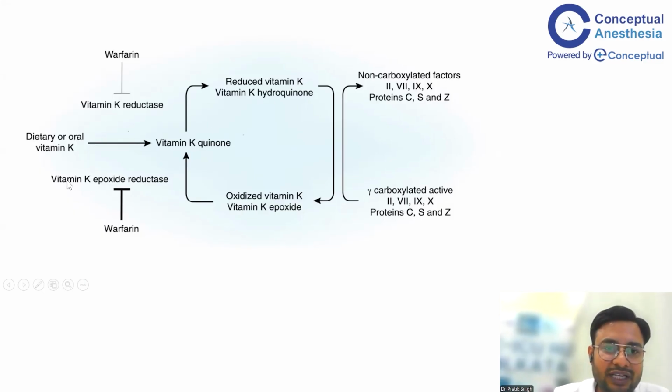So warfarin or the warfarin congeners inhibit this enzyme, which is called vitamin K reductase. So warfarin or the dicumarol derivatives are vitamin K reductase inhibitors. They inhibit this enzyme and do not let vitamin K be free to carboxylate the glutamyl residues of factors 2, 7, 9, and 10, and a few anticoagulant factors like protein C and protein S.